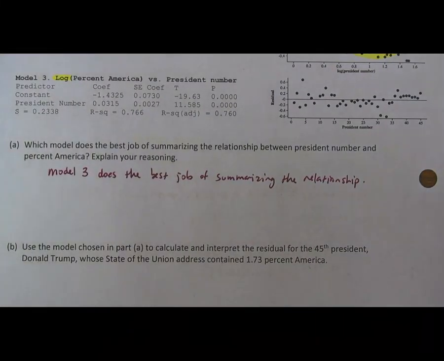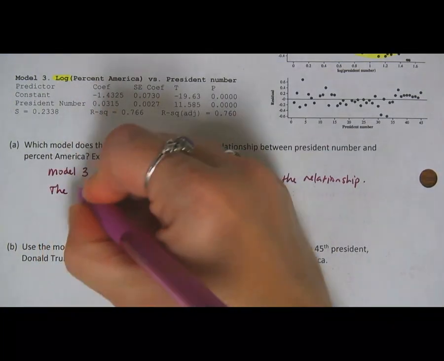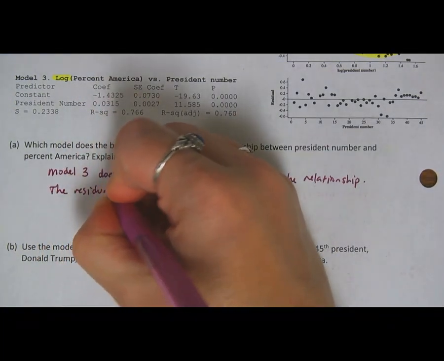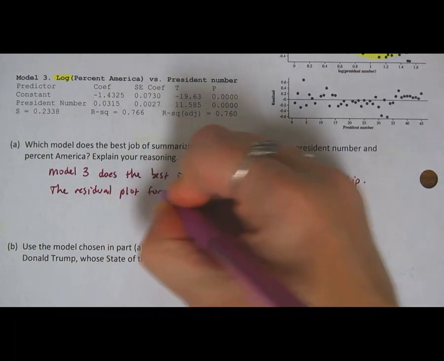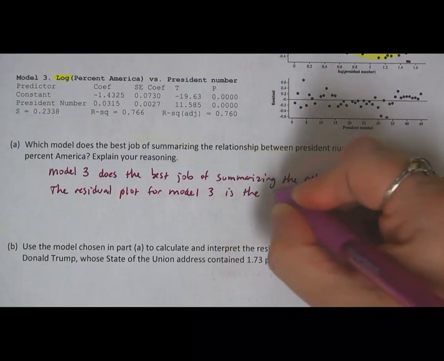We probably need to say the residual plot for Model 3 is the most random, or is the most scattered.